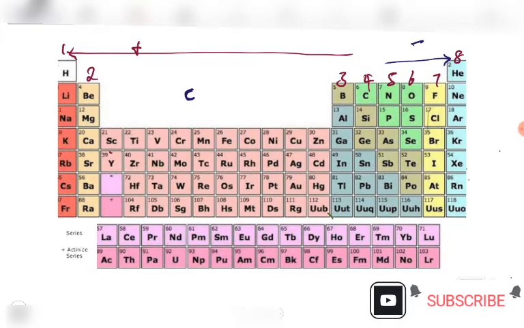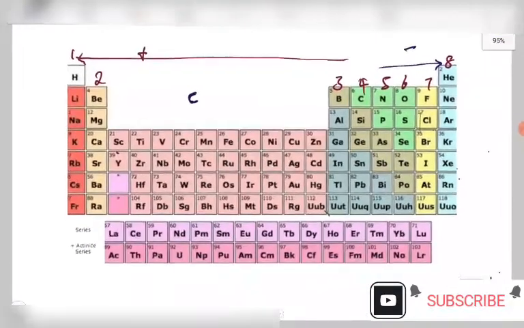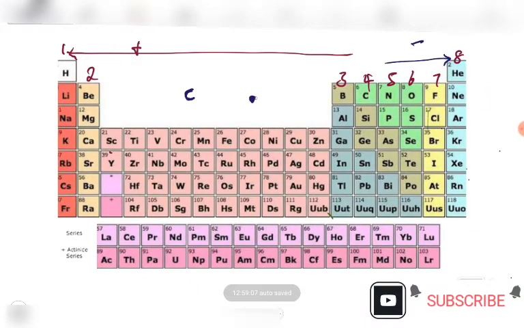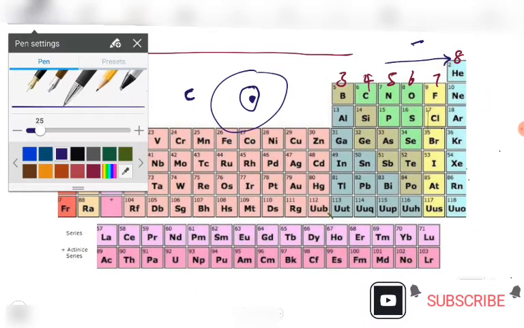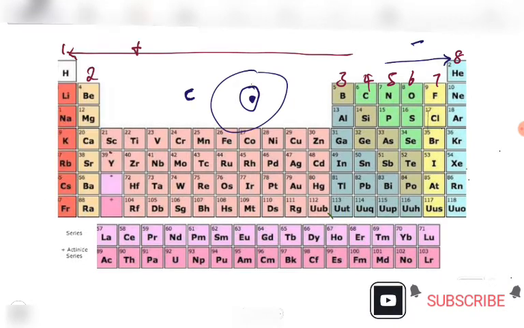Remember the structure you learned: nucleus, first and second level. In the first level you have only 2 electrons, and in the outer one you must have 8. If an element has 4, it needs another 4 for this level to be complete. We're going to use arrows to represent that.